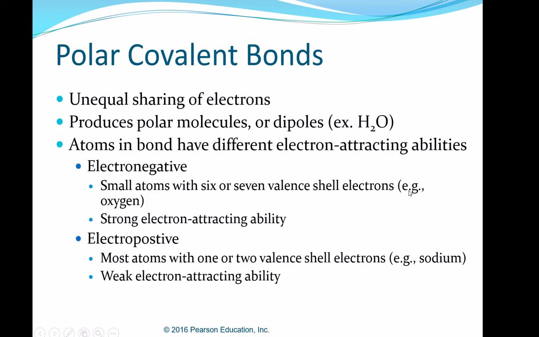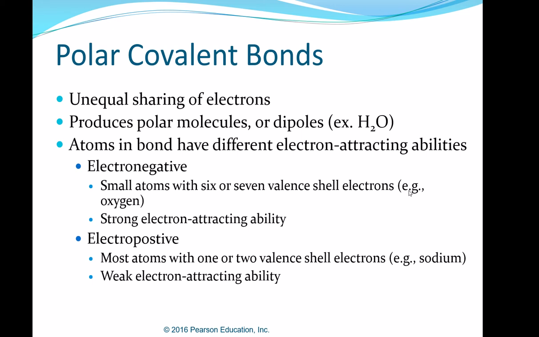Polar covalent bonds are an unequal sharing of electrons, and so it produces what we call dipoles, or polar molecules, of which the best example is water. The reason some atoms or some compounds and molecules form polar covalent bonds is that the atoms themselves kind of like the electrons to a different degree.